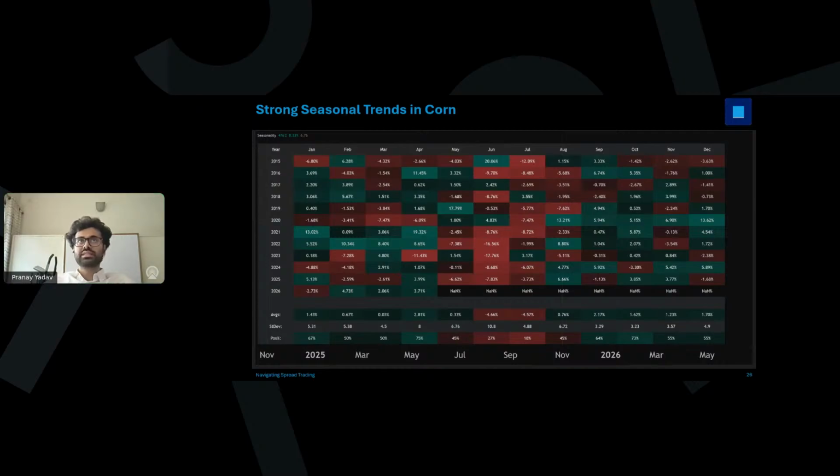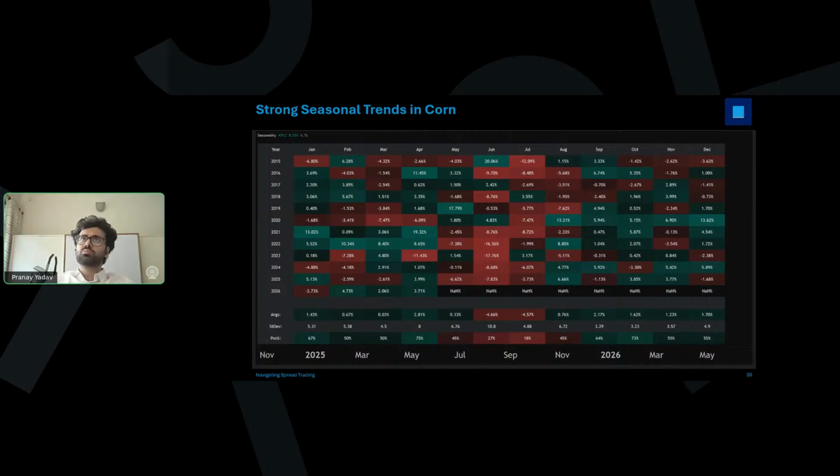The next seasonal trend I would like to emphasize is on corn, because as I highlighted previously, natural gas's seasonality is more demand driven. That means there's high demand during summer months, high demand during winter months, but during the rest of the year, there is low demand. That means that prices tend to be dictated more from the demand side.